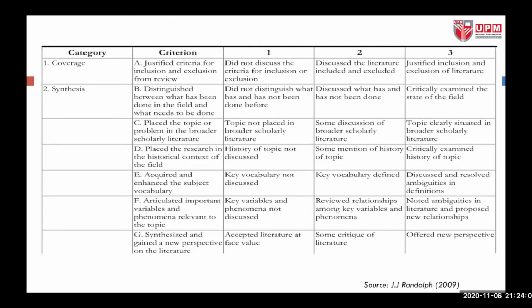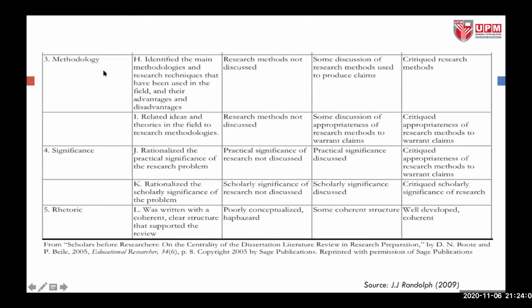In terms of methodology, identify the main methodologies and research techniques that have been used in the field, and their advantages and disadvantages, related ideas and theories. Rationalize the practical significance of the research problem, rationalize the scholarly significance of the problem, and write with a coherent, clear structure that supports the review.